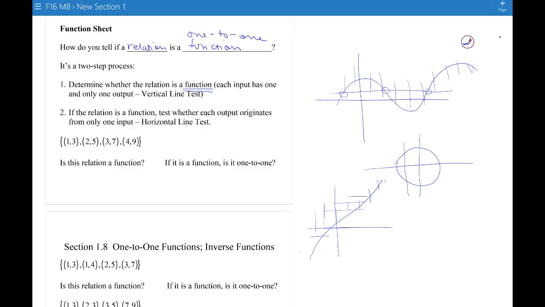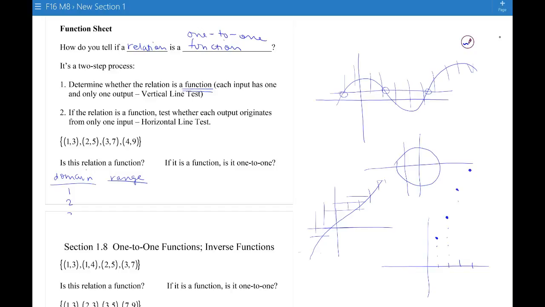So let's look at this ordered pair function, and remember that these are just dots: the point (1,3), the point (2,5), the point (3,7), and the point (4,9). This is the graph of this function. It is just dots. Another way of looking at this is if you have a map, with domain and range, and this is what we talked about earlier.